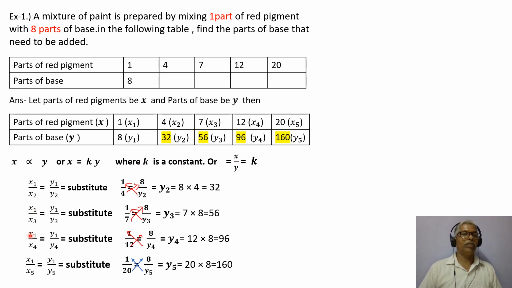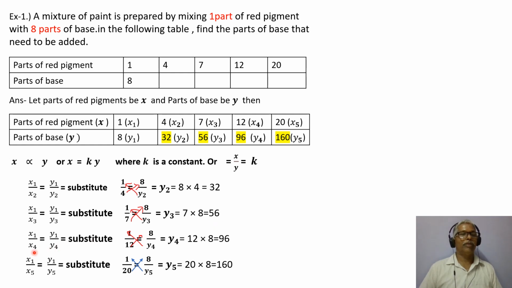Now x1 upon x3 equal to y1 upon y3. See, this is corresponding. So similarly here, substitute 1 upon 7, x3 I am talking about, equal to 8 upon y3 which you have to calculate, cross multiply. So y3 is 7 into 8 is 56.